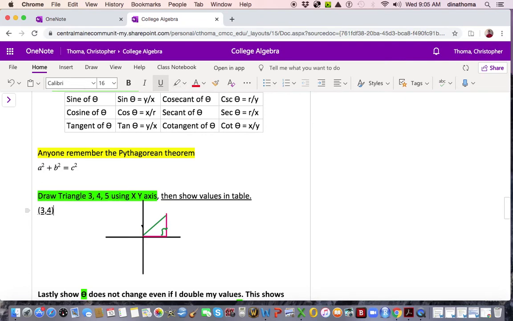So that means that it goes up to 4, right? And it goes to the right.